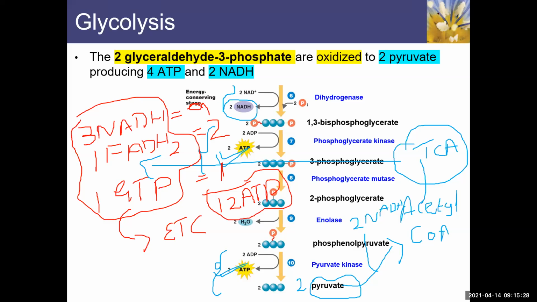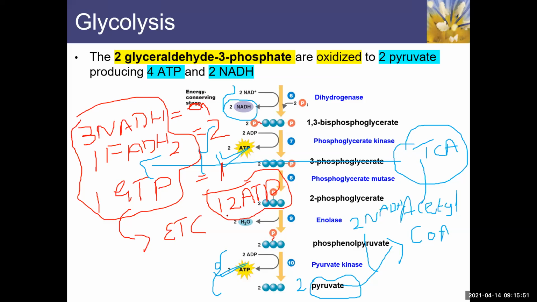Very good. But you have to be very careful. This is per acetyl CoA, to be more specific, not per pyruvate. It's not the pyruvate which enters into the TCA cycle, it's the acetyl CoA which enters the TCA cycle. So this is per acetyl CoA.